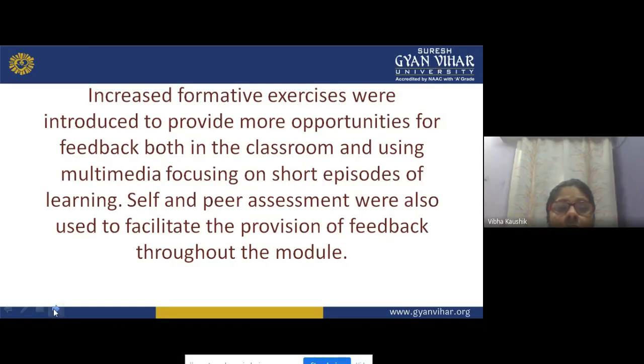This provides opportunities for feedback both in the classroom and using multimedia, focusing on short episodes of learning. Self and peer assessment were also used to facilitate the provision of feedback throughout the module.